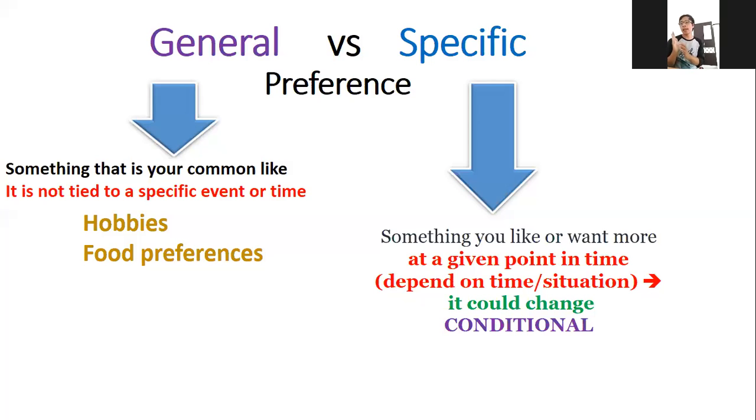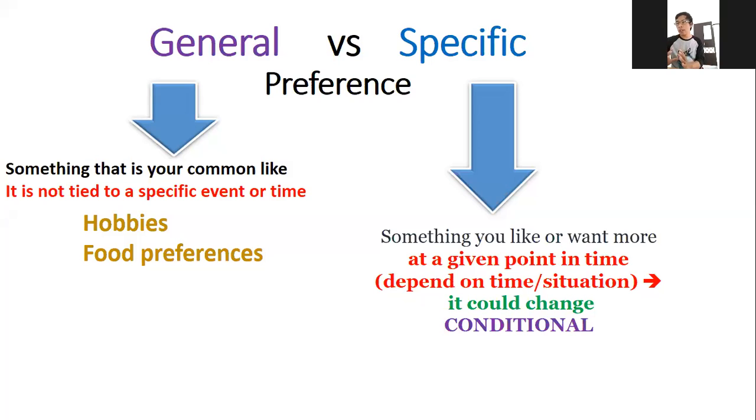In time, for example, previously I showed you about your preference, the choices whether you will study at Harvard University for a master's degree or at the National University of Singapore. That's a specific preference.